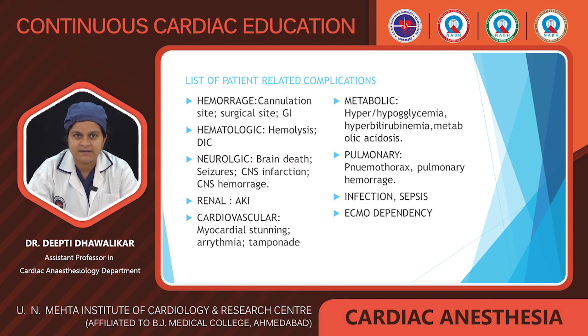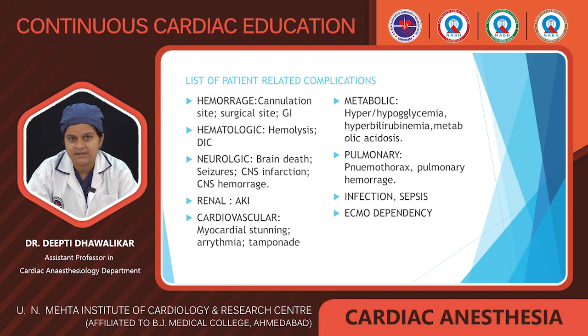So these are basically the patient related complications which can be seen. First is hemorrhage, which can be at the cannulation site, surgical site or a GI bleed. Then hematologic complications like hemolysis or DIC. Neurologic complications which include brain death, seizures, CNS infection, CNS hemorrhage. Renal, acute kidney injury.